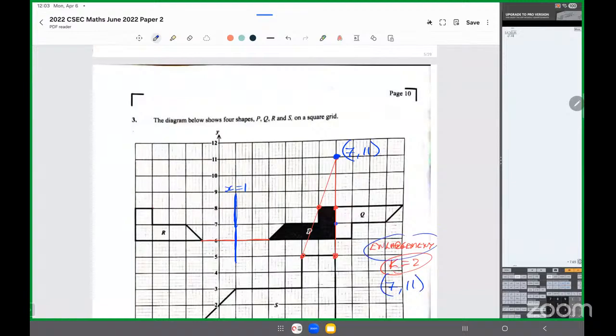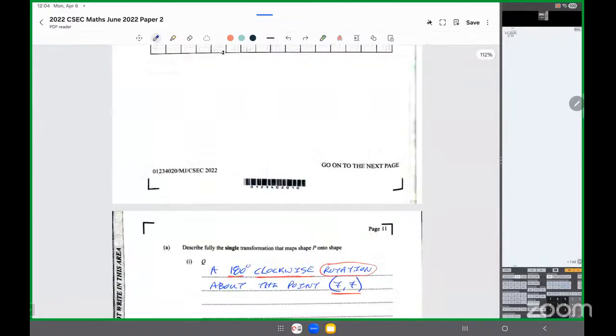So it says an enlargement, and I give those two components of enlargement, scale factor and the center. All right, so let's just do that down here.